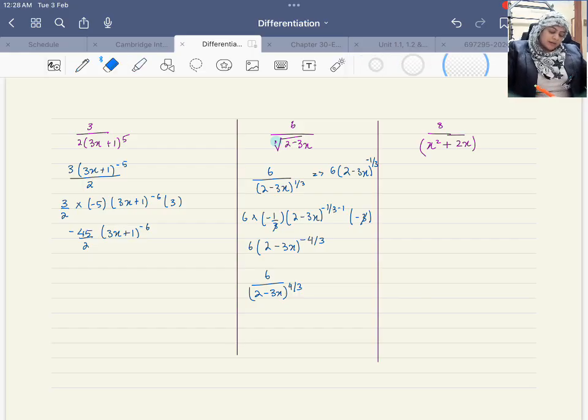We can see that we have an entire expression in the denominator, but there is no power attached with it. The mistake that students make here is they write 8 upon x squared plus 8 upon 2x, and then they think that they will simplify it and then differentiate it. This is wrong.